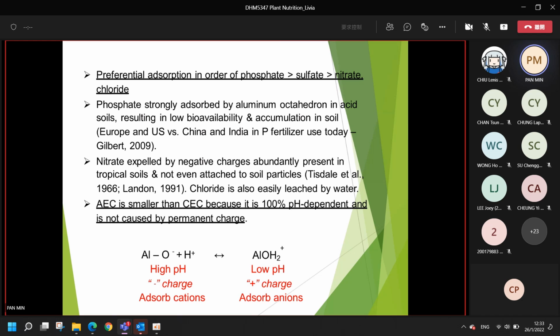So it is 100% affected by pH. The weather, the rainfall, acid rain, and different factors will also affect the CEC in soil fertility.